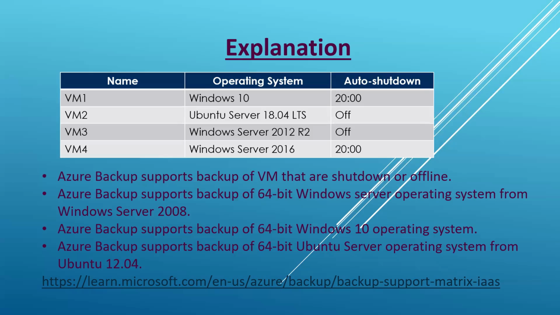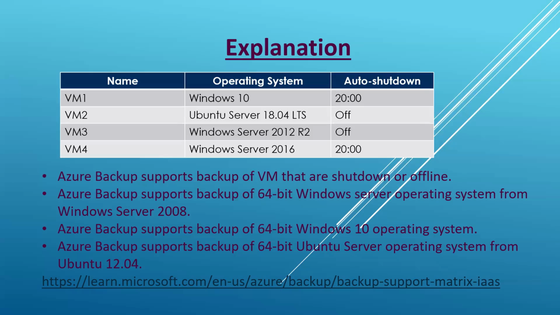So that pretty much confirms VM3 and VM4 can be backed up. Again, Azure Backup supports the Windows 10 operating system as well, which means VM1 can also be backed up. And Azure Backup supports Ubuntu operating systems above 12.04, and here the Ubuntu server we have is 18.04 LTS.